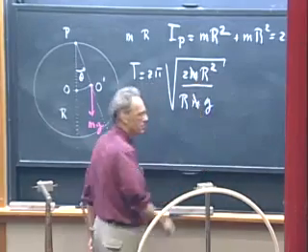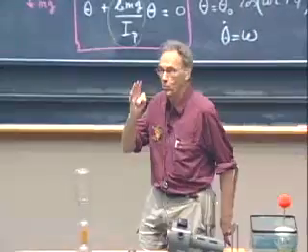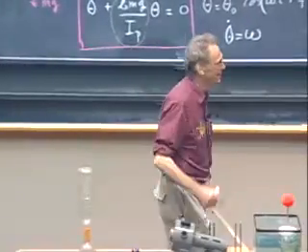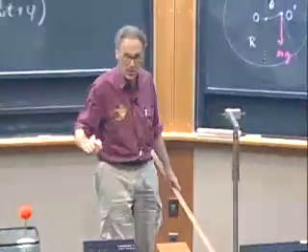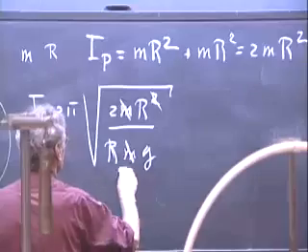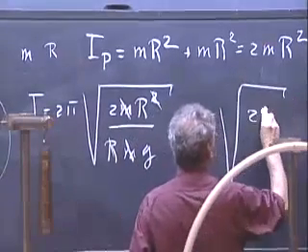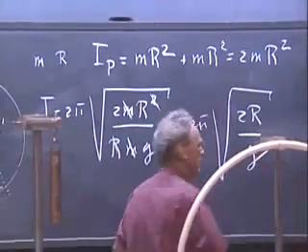M goes. M always goes with pendulums. You never have to worry about M if you do it right. M always goes, not with springs, but with pendulums. One r goes, and so you get 2 pi times the square root of 2r over g.